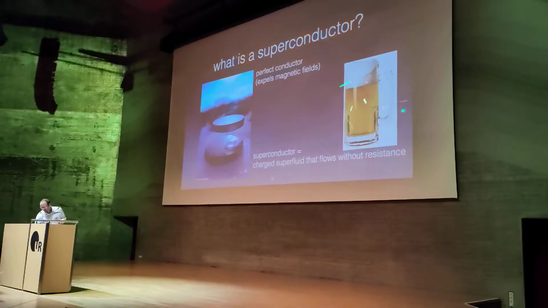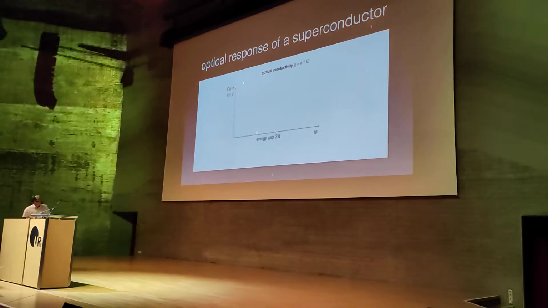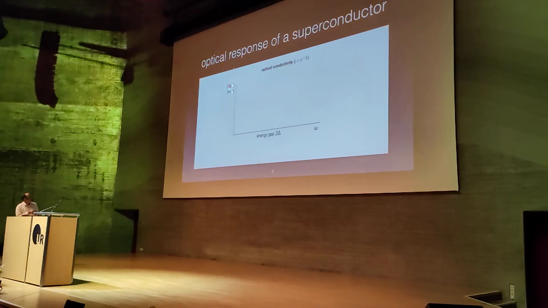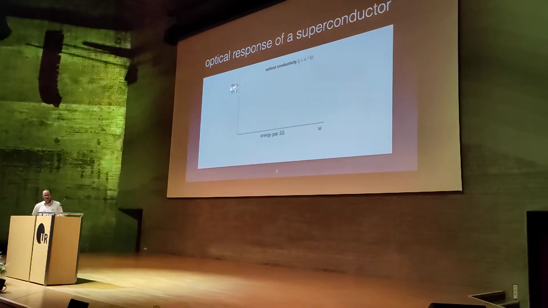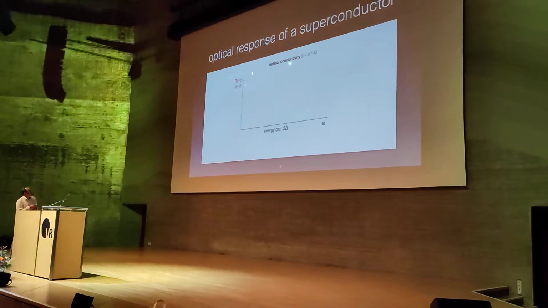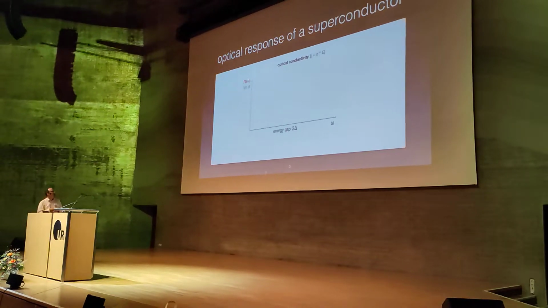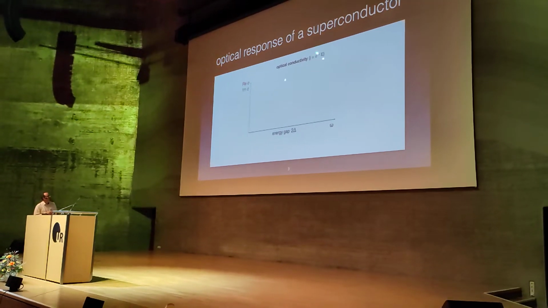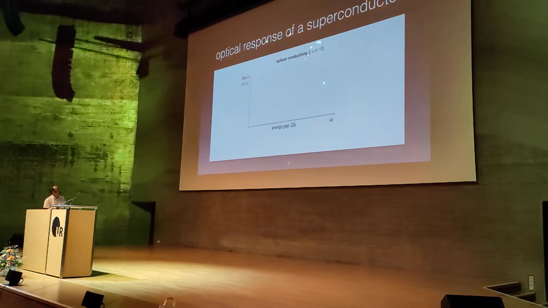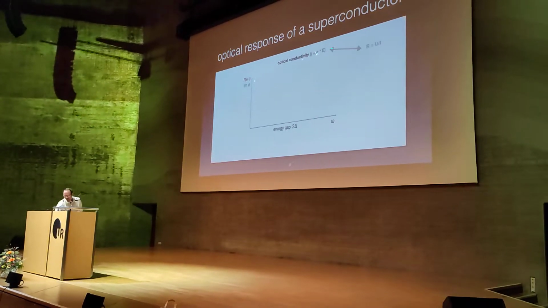Without resistance. Alright, more seriously though, from the point of view of optics, what is the optical property of a superconductor? Here I'm showing you the optical conductivity, which is the coefficient between the current and the electric field.